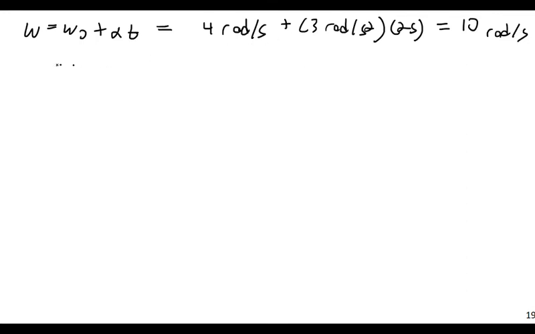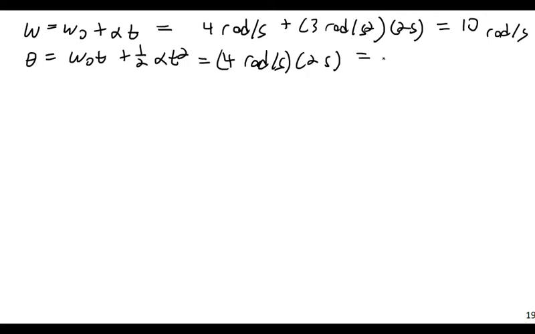And then theta is equal to omega naught t plus 1/2 alpha t squared, which equals 4 radians per second times 2 seconds plus 1/2 times 3 radians per second squared times 2 seconds quantity squared, and all of this will equal 14 radians. That's the change in angle up to 2 seconds.